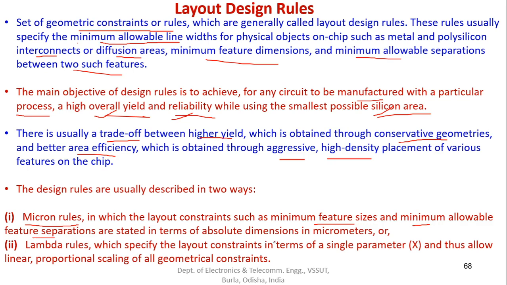For example, it may be stated that the minimum feature should be 10 nanometer and the separation should be at least 50 nanometer. I'm just giving examples. These parameters would be described in terms of actual, absolute numbers.